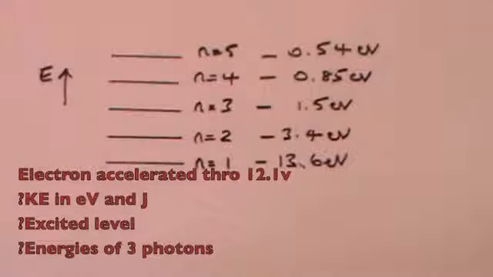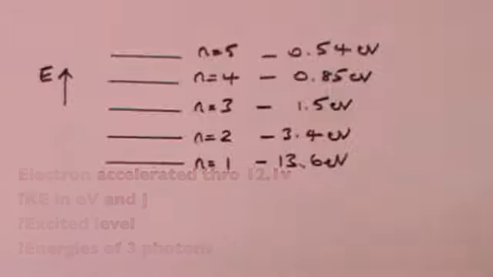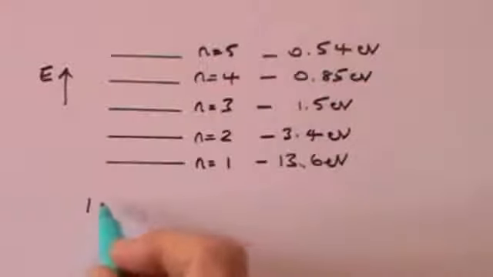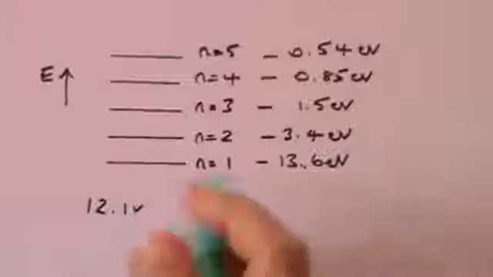We're asked to find what level the electron would be excited to if it were originally in the ground state. And then thirdly, we're asked to identify the three energies of resulting photons that might arise as a result of that excitation.